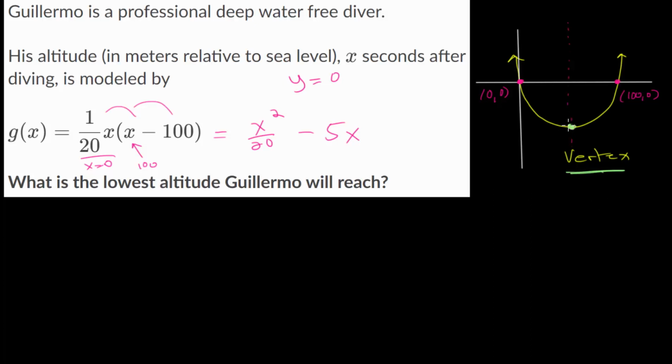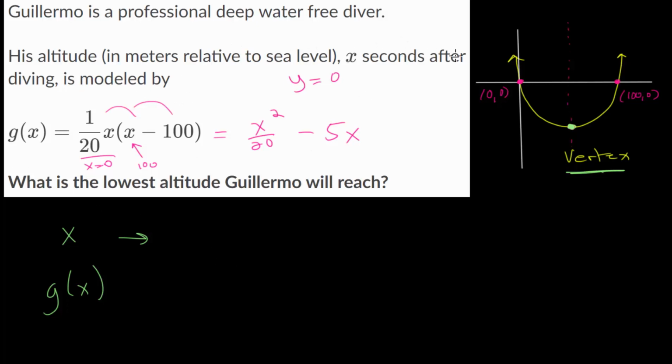So we need to figure out the vertex, though we also need to determine if we want the x value or the y value, or I should say the function value. Now, going back to our equation here, one thing I do recommend is that when you're given units in a word problem, when you're given these variables, start by defining what they are. We need to know what x and g of x actually are in terms of this function. And we're told that in this second sentence here, that his altitude in meters relative to sea level, x seconds after diving, is modeled by this equation.